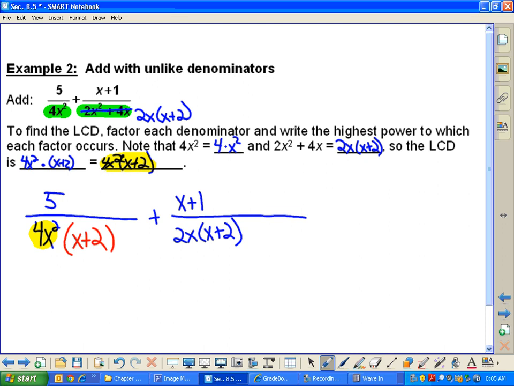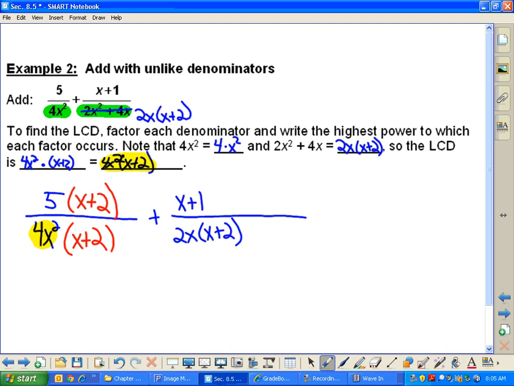Remember, what you do to the bottom of a fraction, you must also do to the top. So I can't just arbitrarily put this x plus 2 here. That would mean I would be changing the original value of the original fraction, and you can't do that. Keep in mind, x plus 2 over x plus 2 is just 1, so I didn't change the value of the original fraction. I just multiplied it by 1.